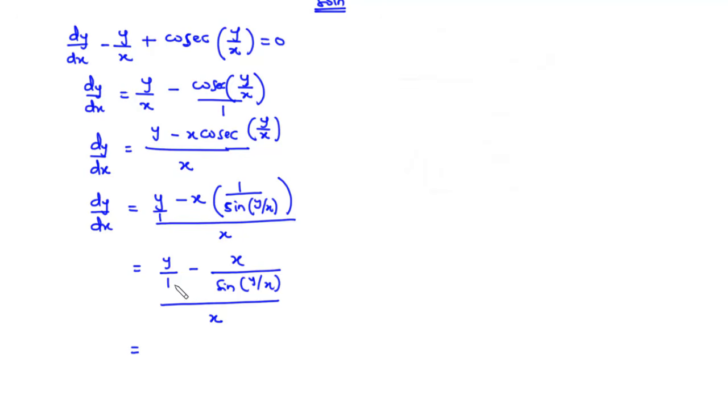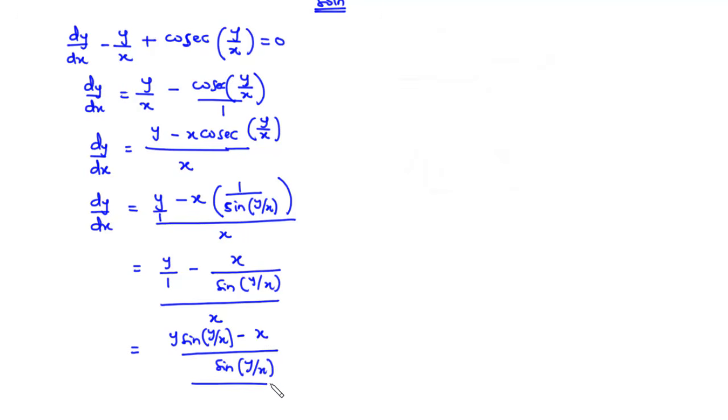Now, the LCM between 1 and sine y over x is sine y over x. So we have LCM sine y over x. Sine y over x divided by 1 is sine y over x. So we have y times sine y over x minus, this divided by this is 1, so 1 times x is x.